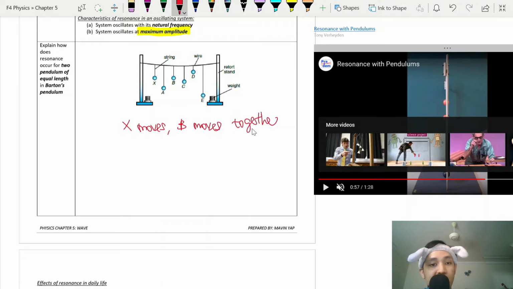B will move together with x, at the same time, at the same frequency, because their length is the same. So this is your resonance. The idea here is that when you have the same frequency, you are going to oscillate at maximum amplitude. You're going to move together, basically.